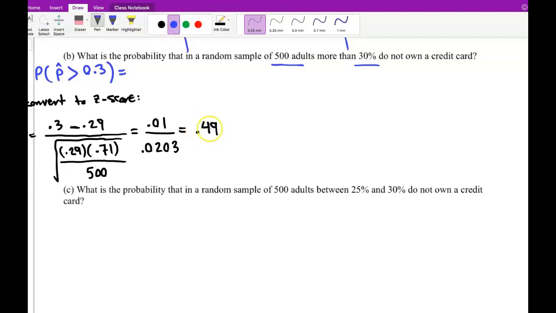So using this z-score, finding the probability that z is greater than 0.49. This is right tail, so to find the area to the right, you need to subtract 1 minus the area to the left.